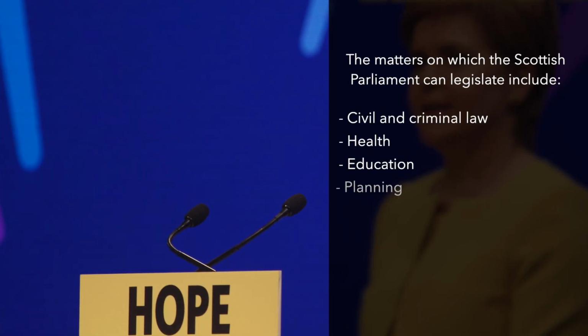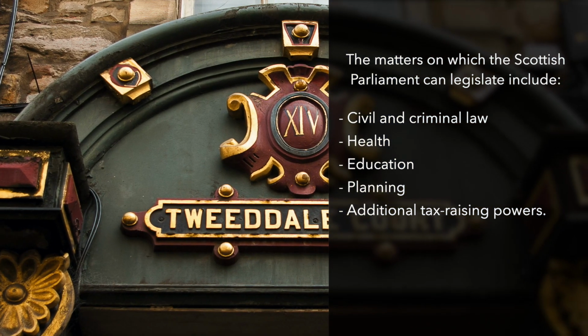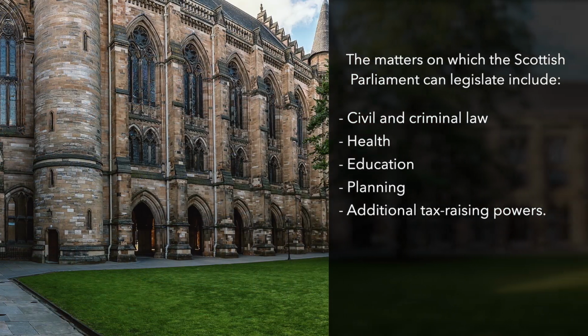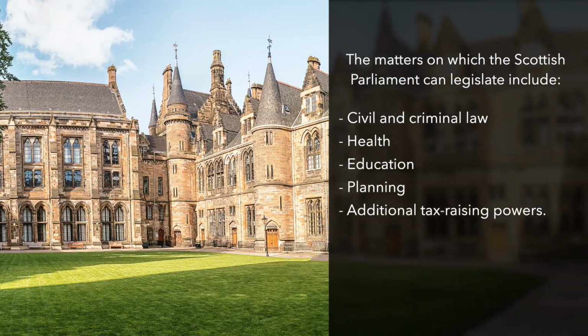The Scottish Parliament can pass laws for Scotland of all matters which are not specifically reserved to the UK Parliament. The matters on which the Scottish Parliament can legislate include civil and criminal law, health, education, planning, and additional tax-raising powers.